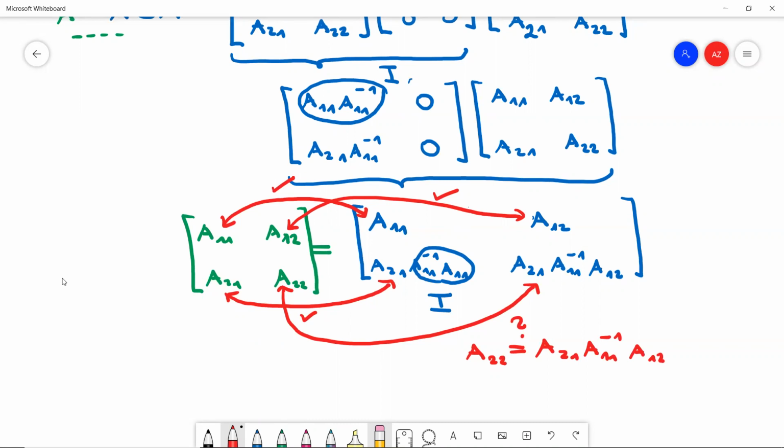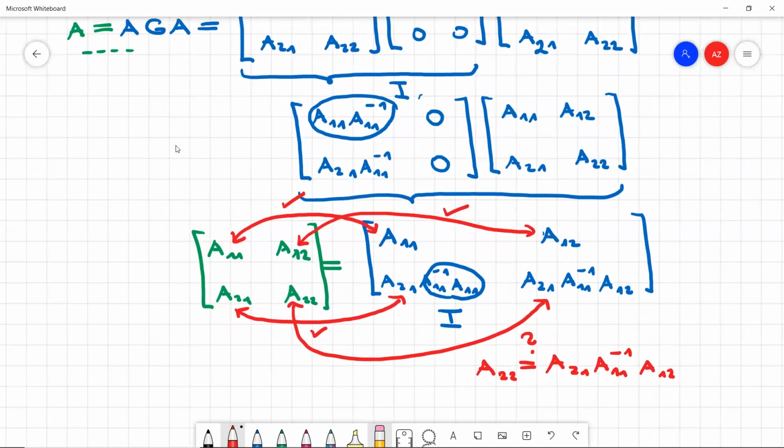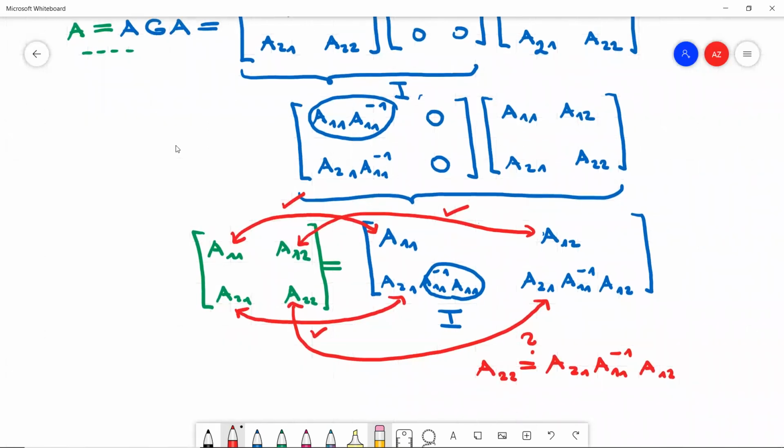And now there might be two possibilities. Either our candidate for the inverse was not correct, or we didn't use all assumptions. So we should use some other assumption to show that this is true. Does anybody have an idea what to do? Do we have to change our definition of G, or do we have to take into account another assumption which we didn't? And which assumption is this?